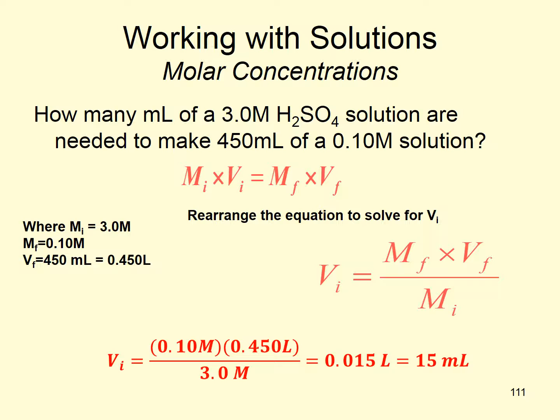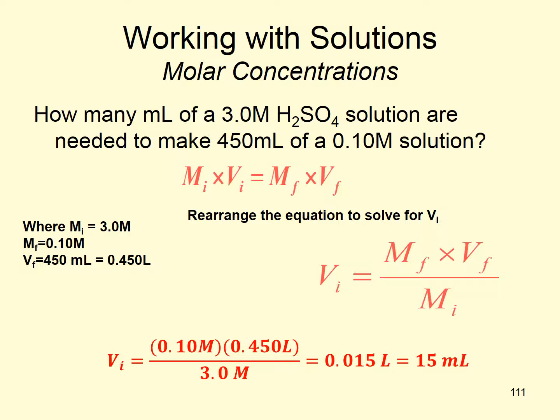When you're using this equation, since molarity shows up on both sides and volume shows up on both sides, it's not critical that you put everything into liters, just as long as you have the same units on both sides. So if you chose to, you could put the 450 milliliters in the numerator, and then when you got the answer, you would get 15 milliliters. So you don't have to go through the extra step of converting, as long as you use the same units on both sides.